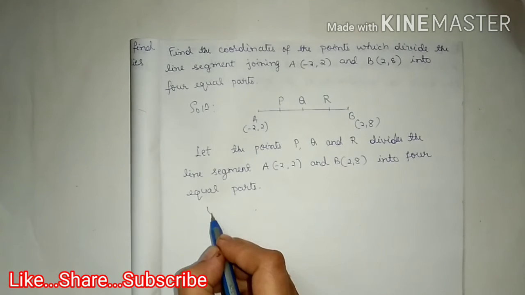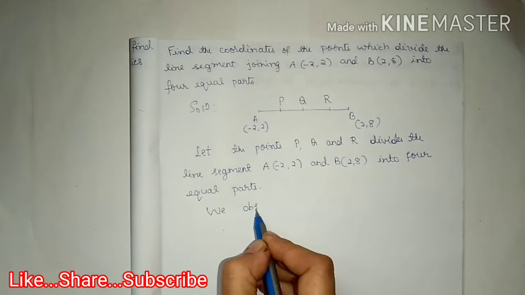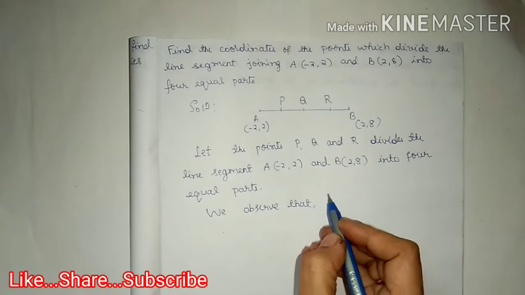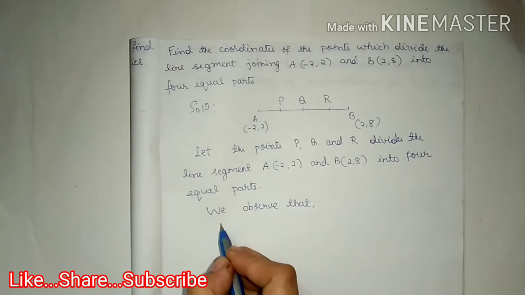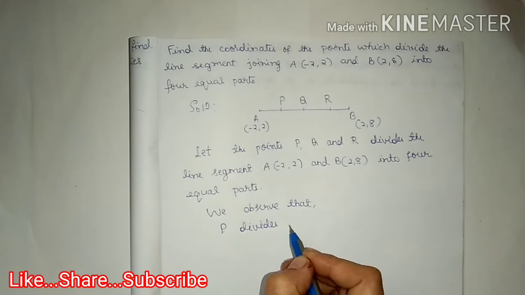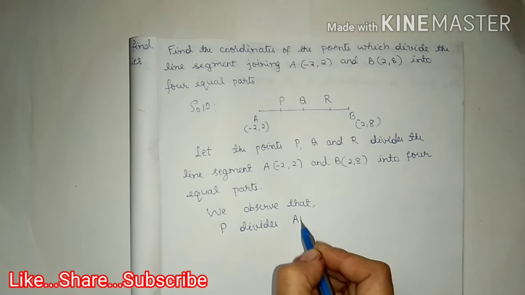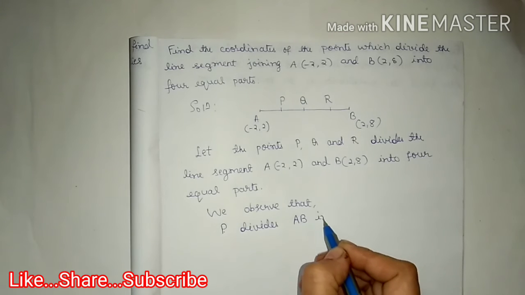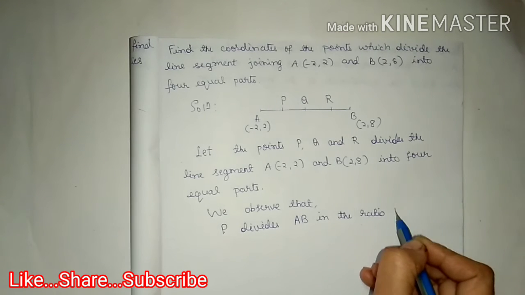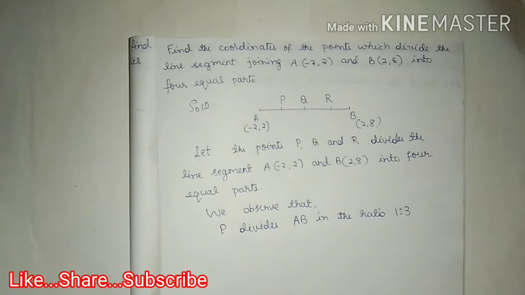Here we observe that point P divides line segment AB in the ratio 1:3.